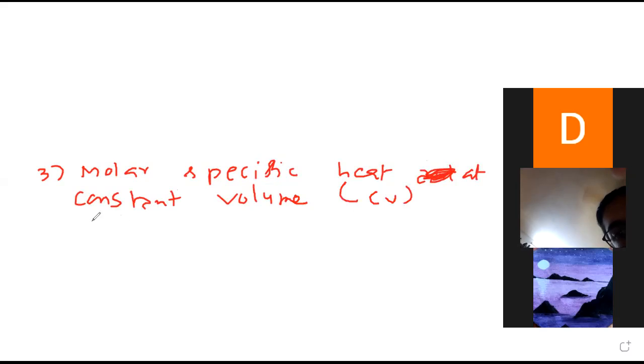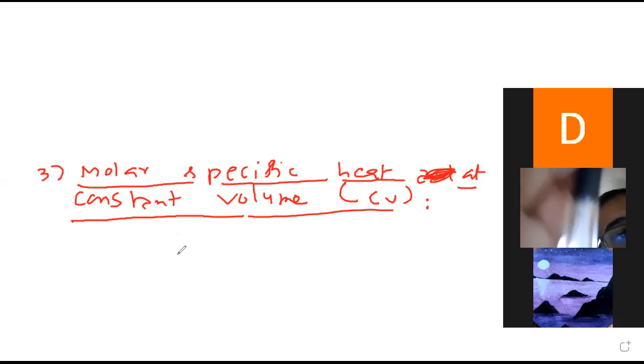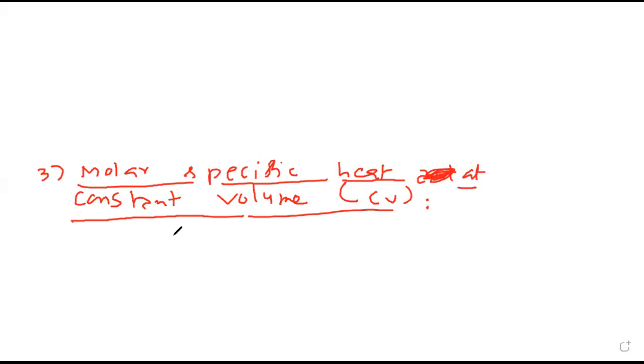See, capital CV we are using for molar and small cv we are using for principal. So we want molar specific heat at constant volume. Harshita, your video put it off. Molar specific heat at constant volume.